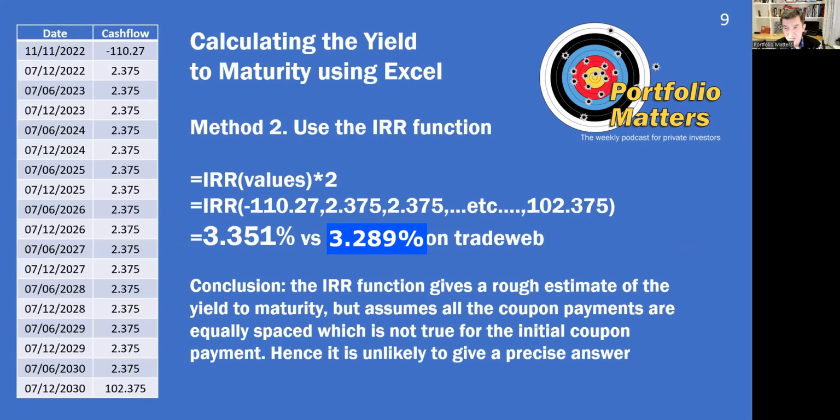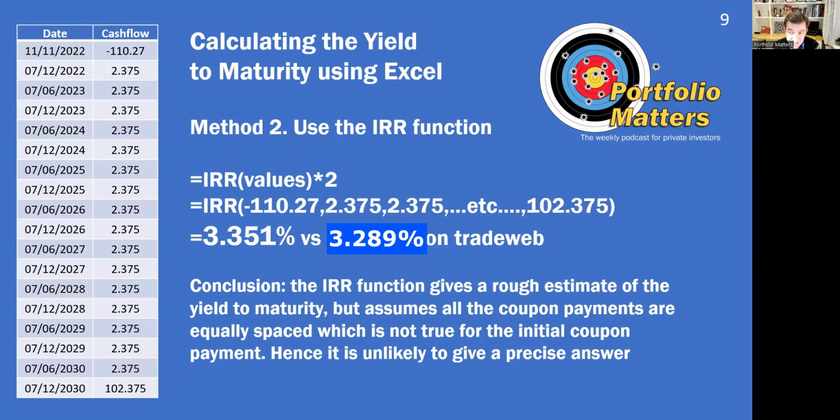Okay, method 2 is to use the IRR function, the internal rate of return function. And so the table on the left gives all the cash flows from the bond, together with the dates on which they'll be paid. Now, the IRR function does not use the dates that they're paid.